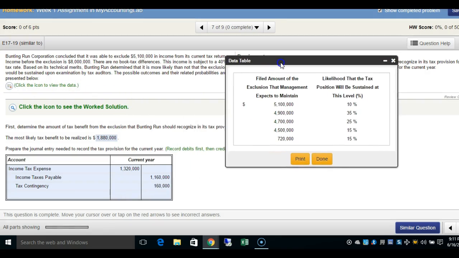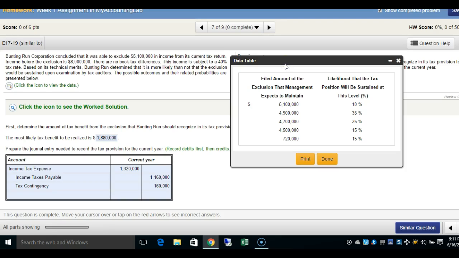So under this problem, our data table shows the file amount is $5,100,000, but the likelihood of that tax will be only 10%. At $4,900,000, the likelihood is 35%. Cumulative, we're up to 45%, so we're not quite there yet.